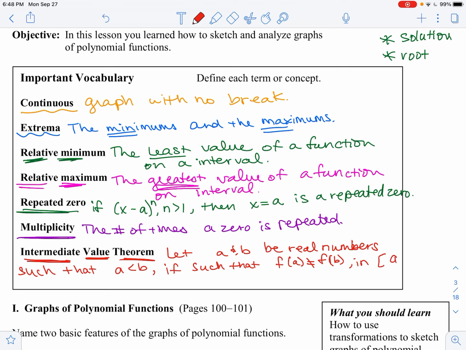And on the interval from x equals A to x equals B, from left to right, we say f takes every value between the value of that starting point f of A and the ending point f of B.